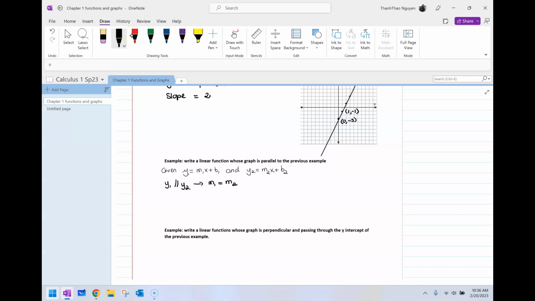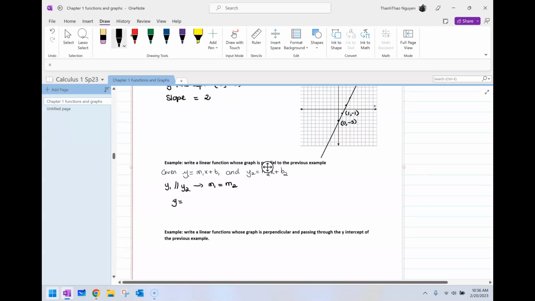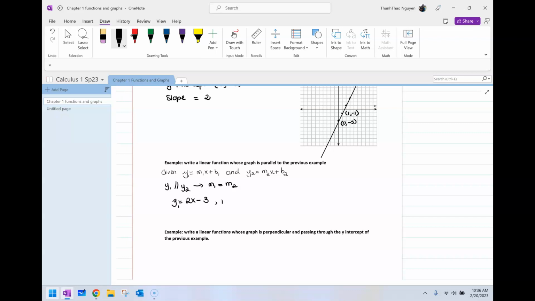The previous function that we just have here is y = 2x - 3. So this is our y1, so m1 = 2.